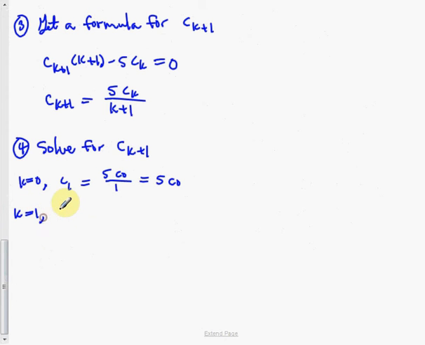If k is equal to 1, C sub 2 is equal to 5 C sub 1 all over 2. If k is equal to 2, C sub 3 is equal to 5 C sub 2 all over 3.